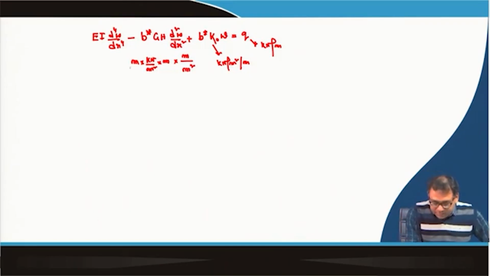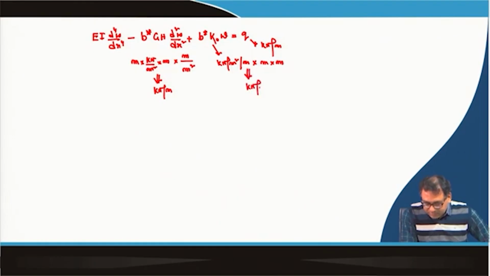Okay. So, that means this will be kilonewton per meter. So, again this will be kilonewton per meter. Here this is kilonewton per meter into meter, because of B dash and the W. So, this is kilonewton per meter.